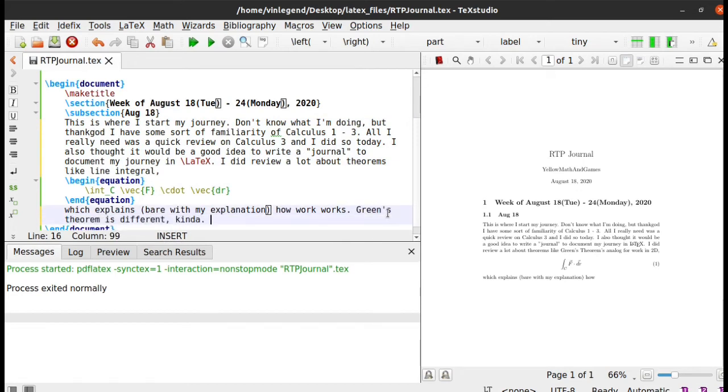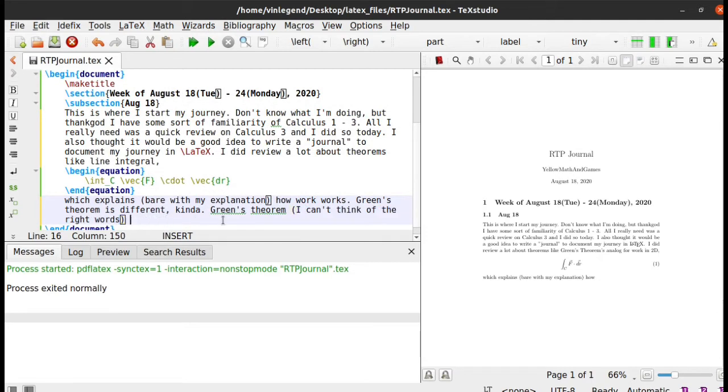Divergence theorem states that the flux over a closed surface by a vector field f is equal to a triple integral of the divergence of that vector field.